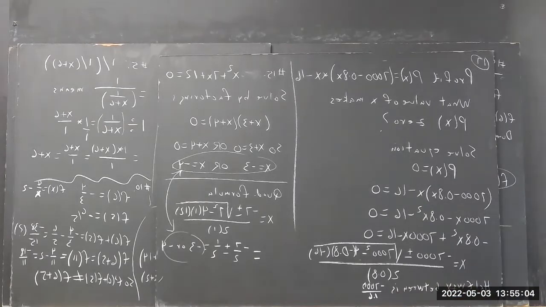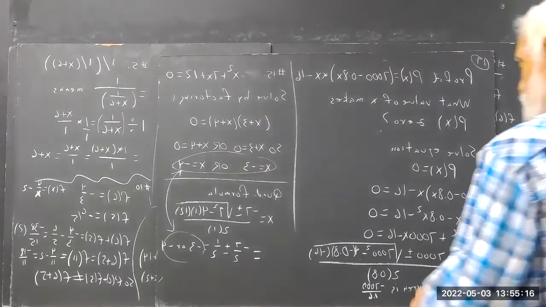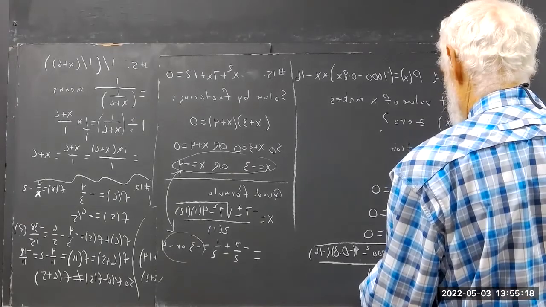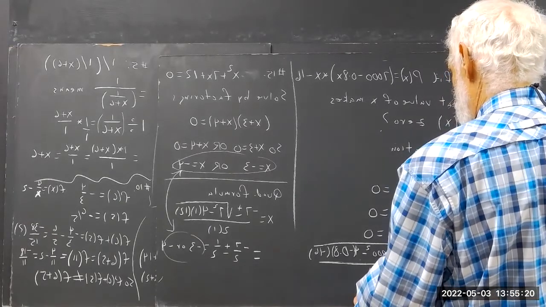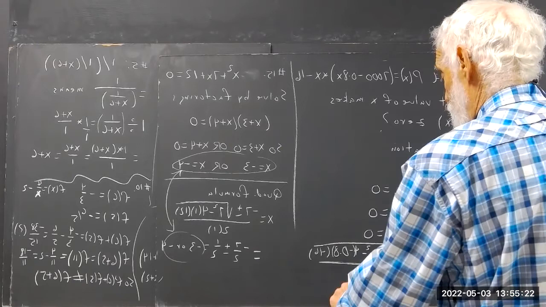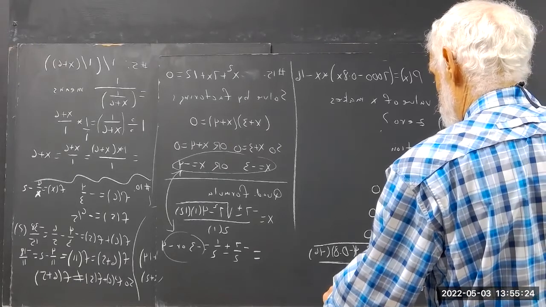I don't see where I made a mistake. Oh, wait a minute. This is negative 0.8, so it's going to be positive 7,000 over 1.6.